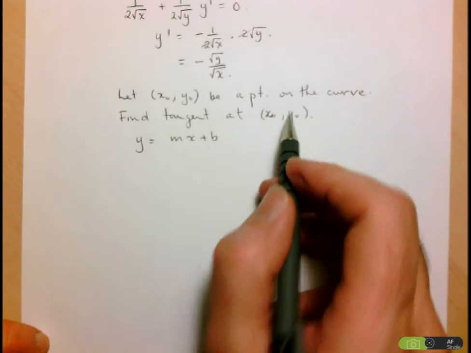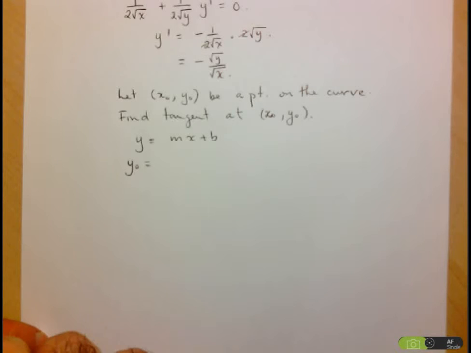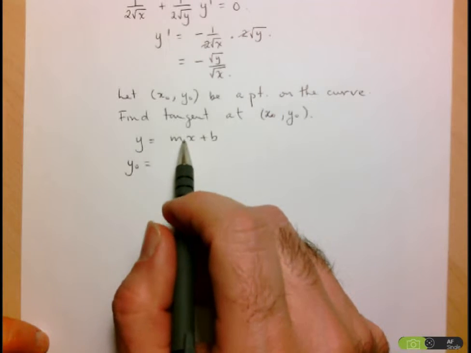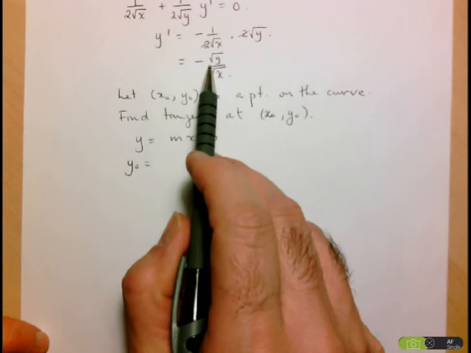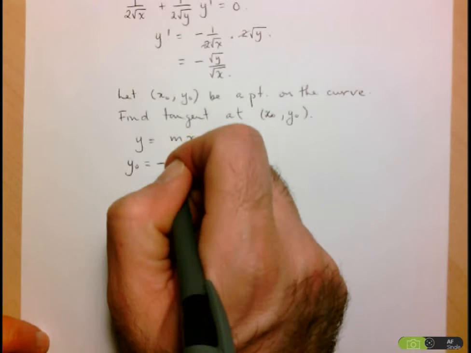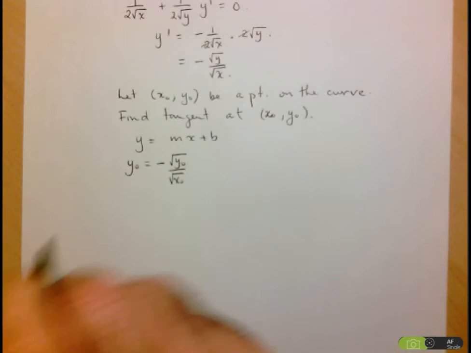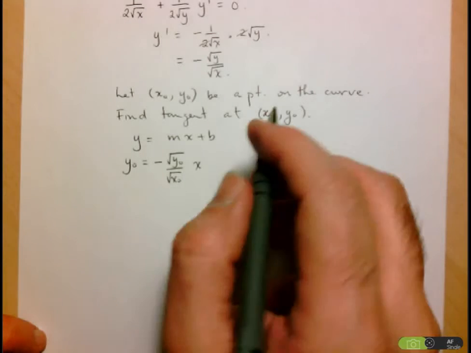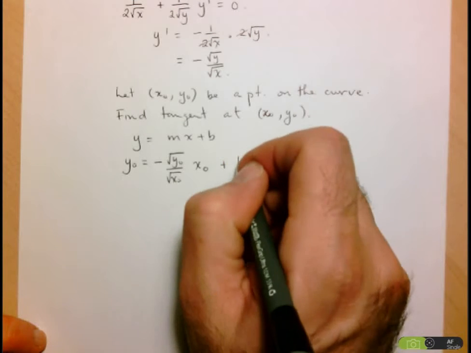Here y naught is our y value for our particular point. Okay, our slope. Now since I'm finding the tangent line at this particular point, in order to find the derivative, I need to input this point into the derivative. So this is negative root y naught over root x naught, times my x component of my point on the curve, plus b.